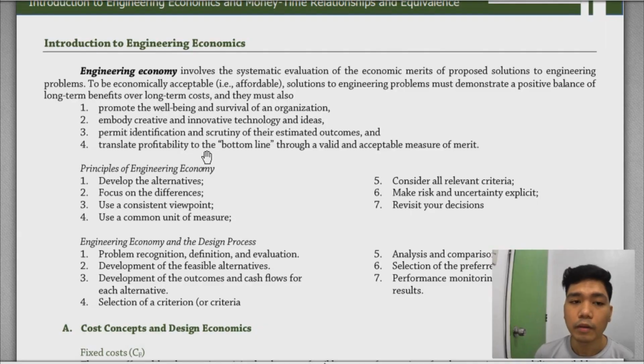Now, when we talk about engineering economy, we're always finding the solutions to engineering problems with economic merits. And above all, we need to have this promotion of well-being and survival of organization, the embodiment of creative and innovative technology and ideas, then the permission and identification and scrutiny of their estimated outcomes, and lastly, the translation of profitability to the bottom line through a valid and acceptable measure of merit.